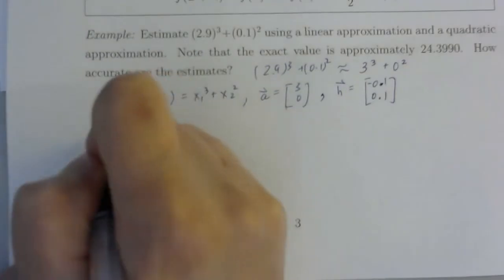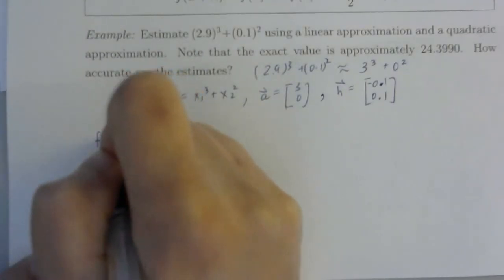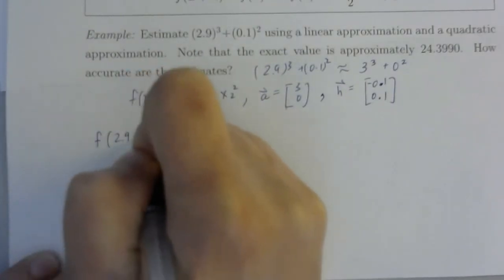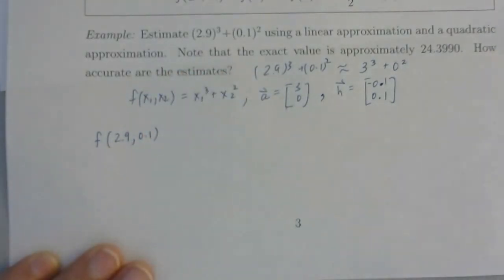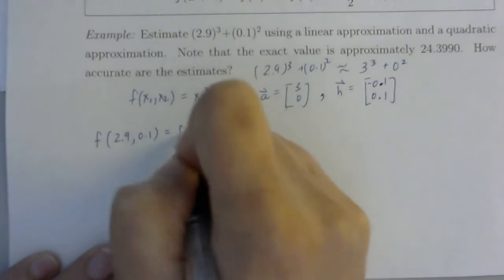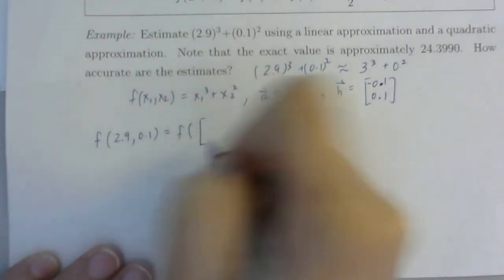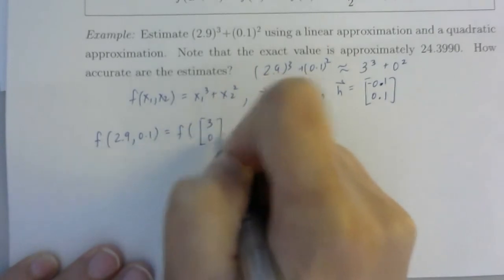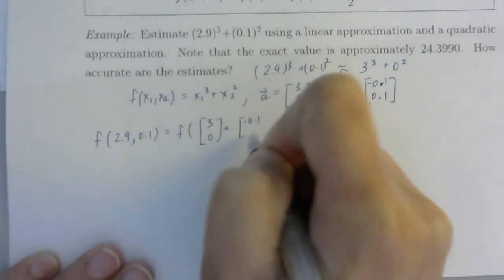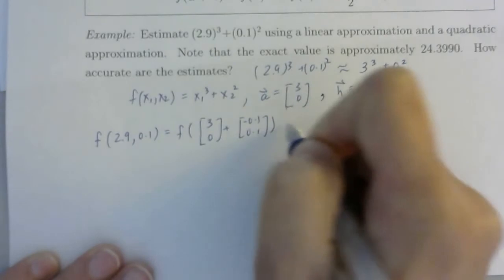Because in that case, if I want to know the functional value at 2.9 and 0.1, this is f of a plus h, right? This is 3, 0 plus minus 0.1, 0.1.